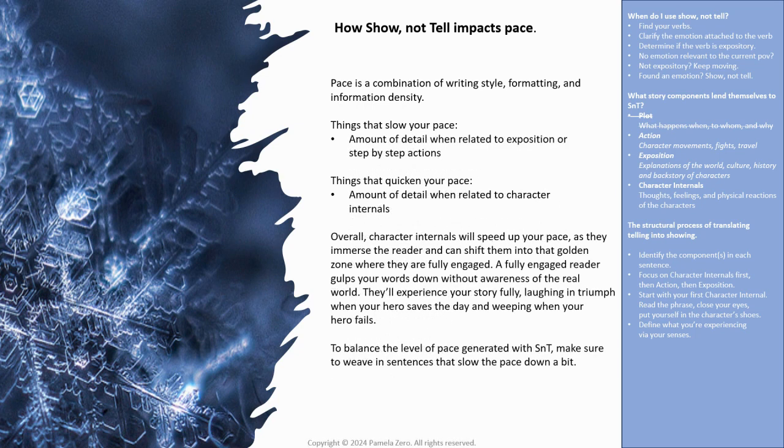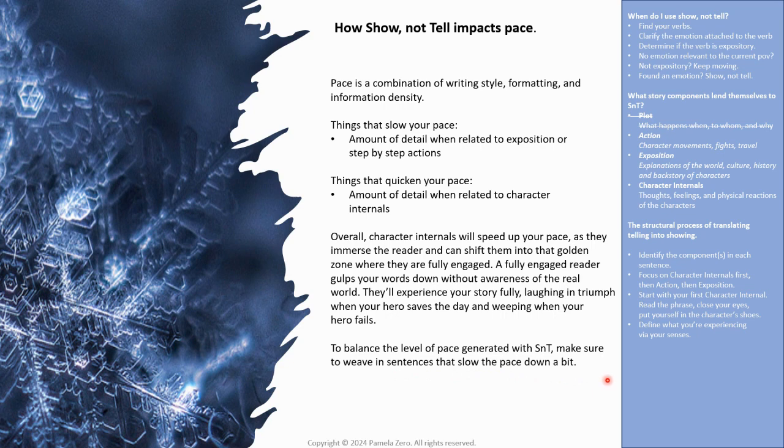Because it's not easy to keep your reader engaged for an entire book. Okay? To balance the level of pace generated with show not tell, make sure to weave in sentences that slow the pace down a bit.